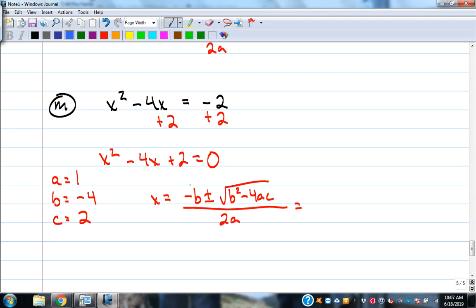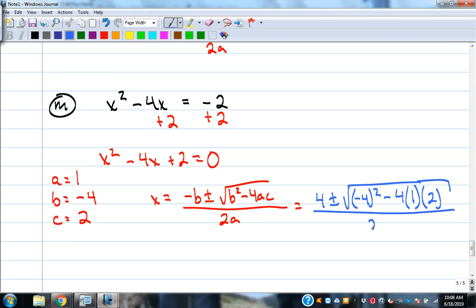So negative b, that means change the sign, so negative 4 would be positive 4. b squared, so that's negative 4 squared, minus 4 times a, which was 1, times c, which is 2, over 2 times a.